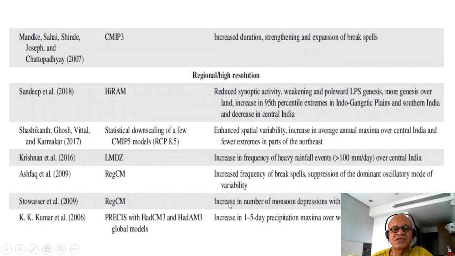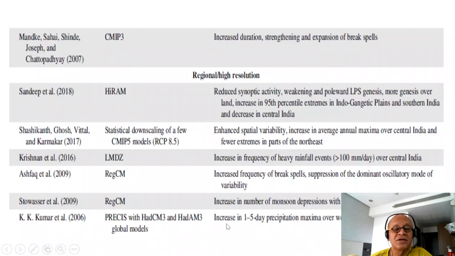Also from 2017, RED-CM here concludes increase in number of monsoon depressions with speeds greater than 15 to 20 meter per second. Okay, doesn't talk about the change in frequency or, let's say, genesis regions, but says the number with higher wind speeds which are getting into the tropical cyclone range is going to increase.